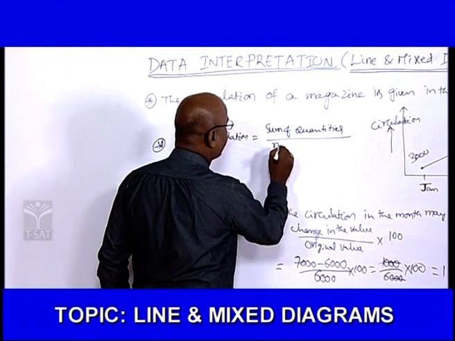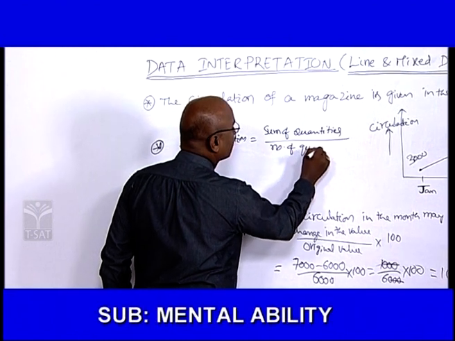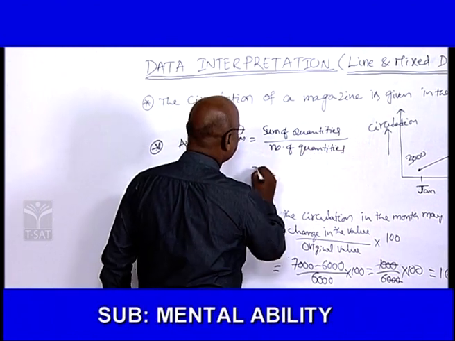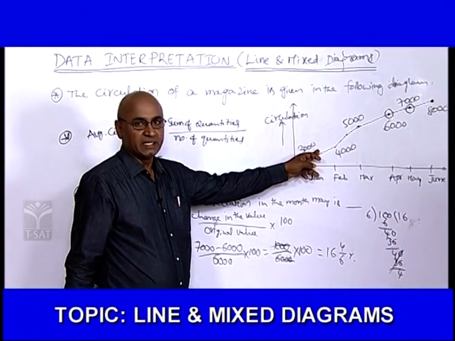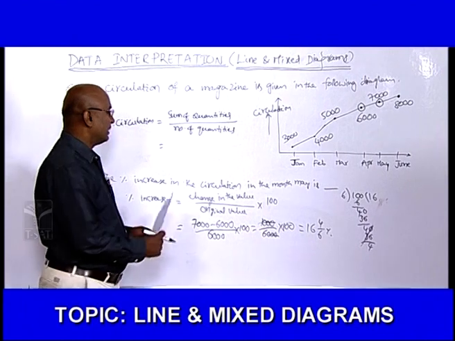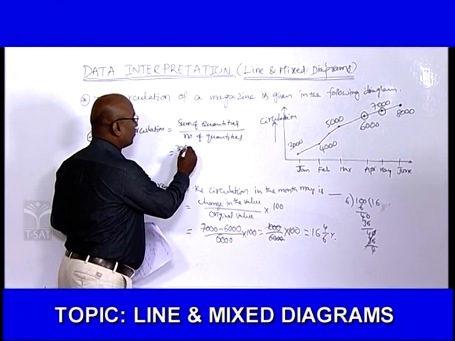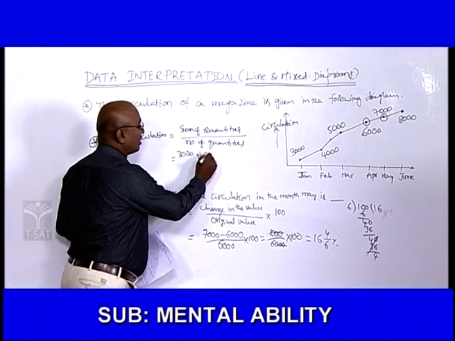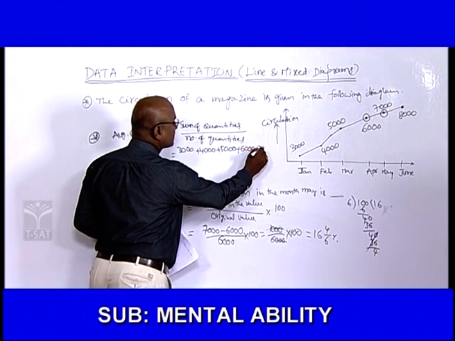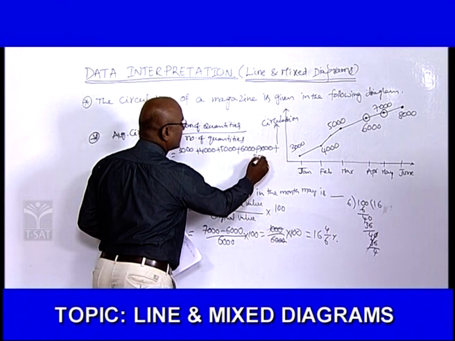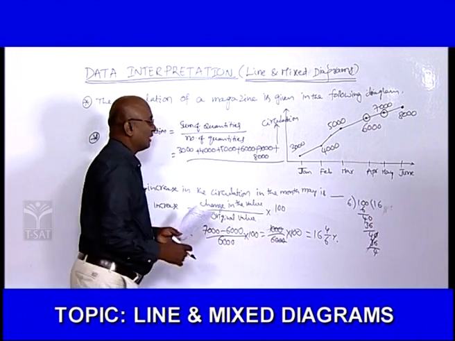Sum of quantities by number of quantities. So what is the quantities here? Here the quantities are nothing but the circulations of the magazine. So what are the circulations? 3000 plus 4000 plus 5000 plus 6000 plus 7000 plus 8000 by number of quantities.